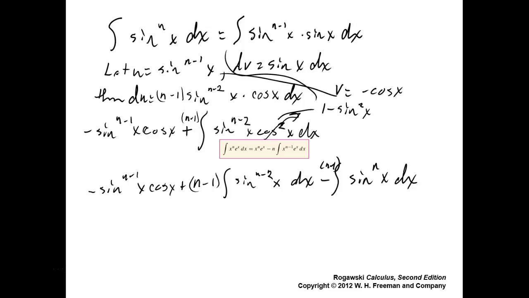So what we're going to do is add an n minus 1, add this to both sides of the equation. So we'll add n minus 1 times the integral of sine nth x dx to both sides of the equation.